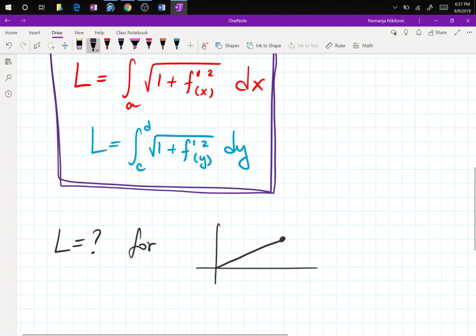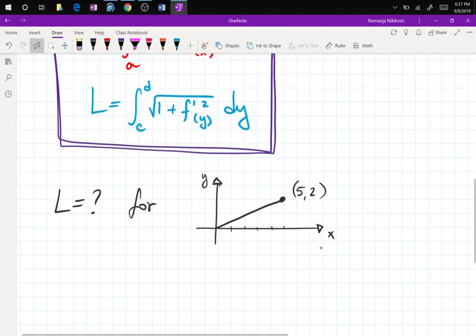So what do I have? This is a point 1, 2, 3, 4, 5. This point is 5, 2. It starts at 0, 0 and goes to 5, 2. What's the length of the curve? Okay, well, let's use the sledgehammer. We have our a and b from 0 to 5. And I need f of x, which is the equation of this line.